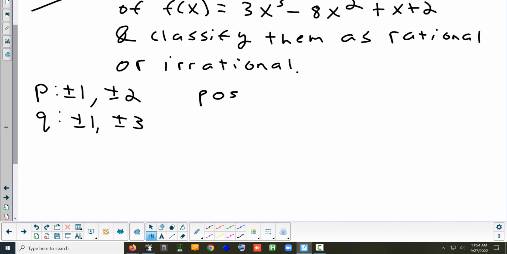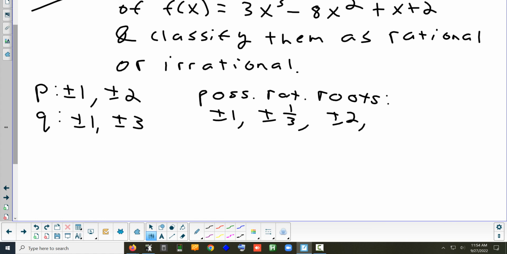So what would be the possible rational roots? 1, yep. What else? 1/3. Okay. 2. And 2/3.